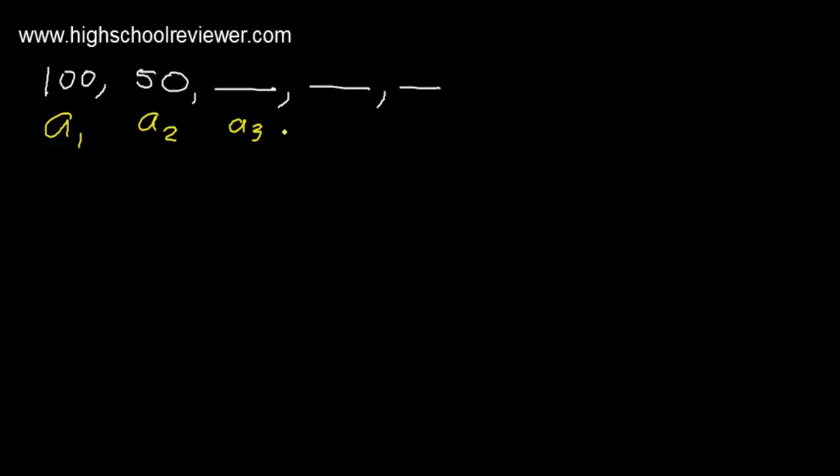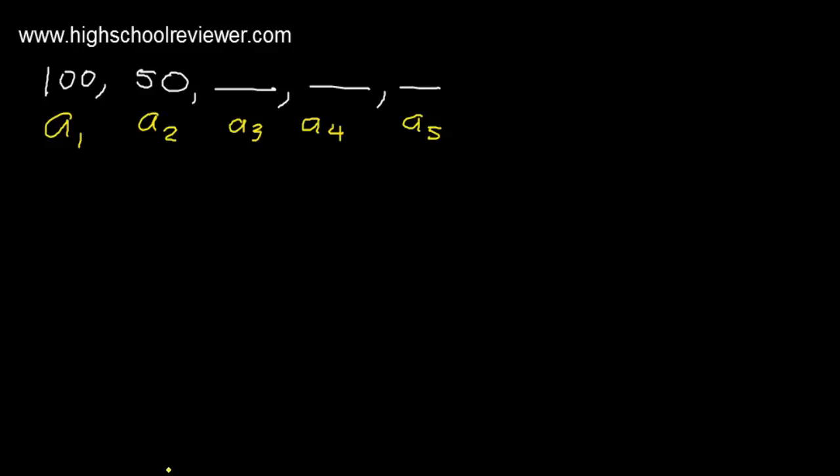Geometric sequence. Our problem, we have positive 100, positive 50, and we need to find the three missing terms. Okay, so let's call positive 100 our a sub 1, a sub 2, a sub 3, a sub 4, and a sub 5.